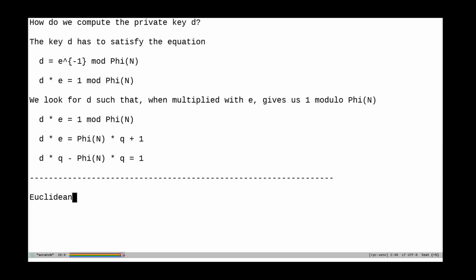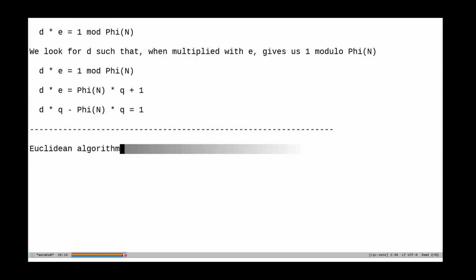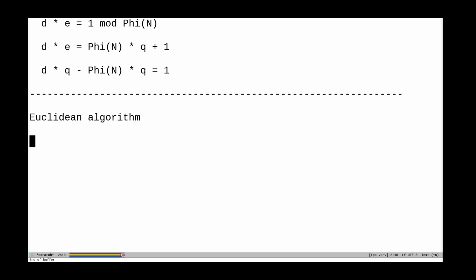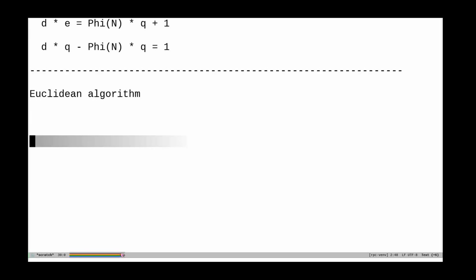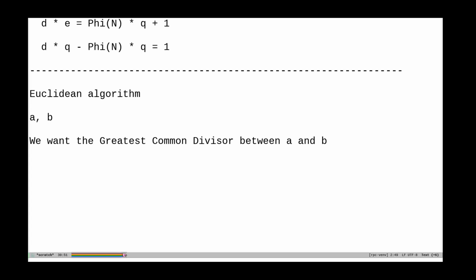You have two numbers, a and b, and we want the greatest common divisor between a and b.